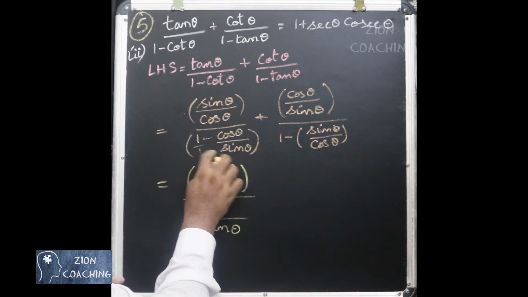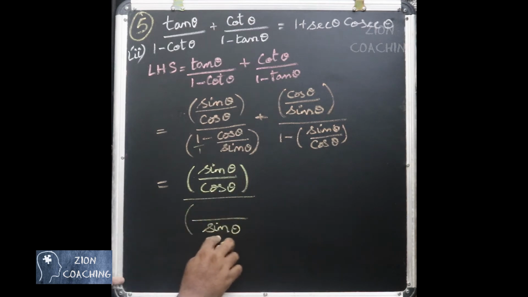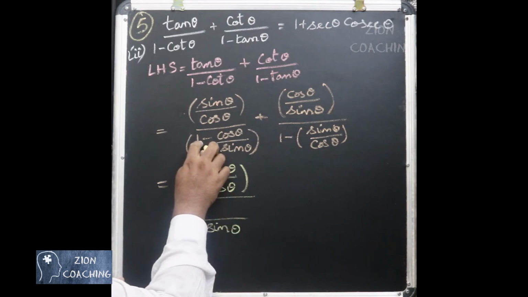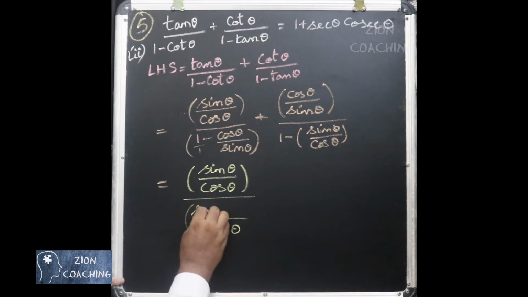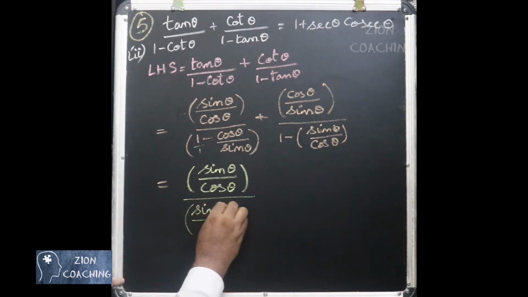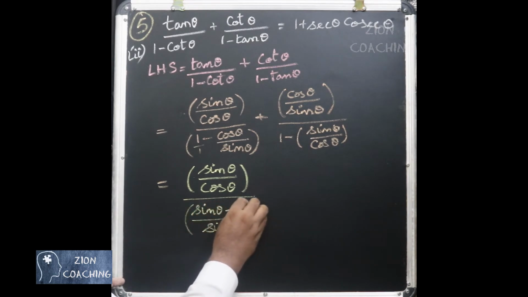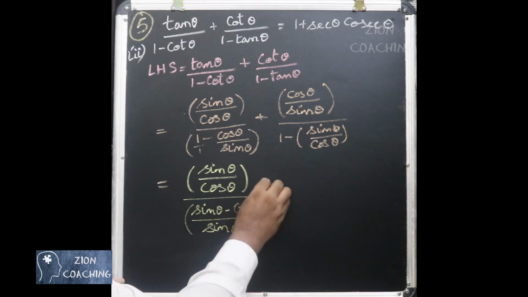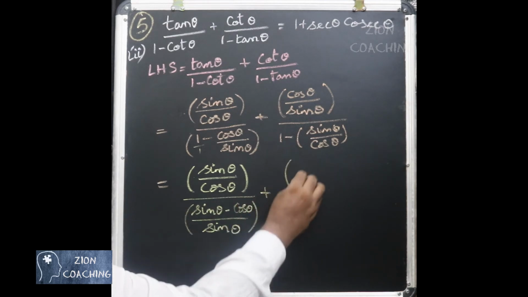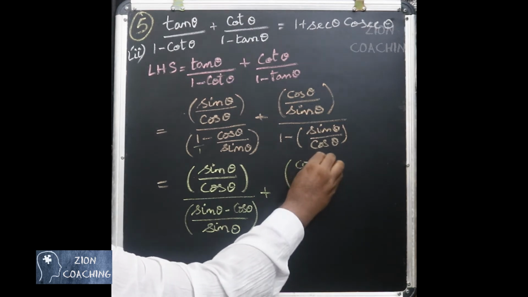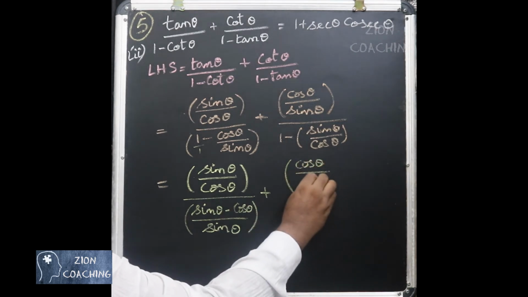So 1 is multiplied with sin theta to get sin theta. Multiply numerator also by sin theta. So we are going to have sin theta minus cos theta by sin theta plus, just write this cos theta by sin theta.